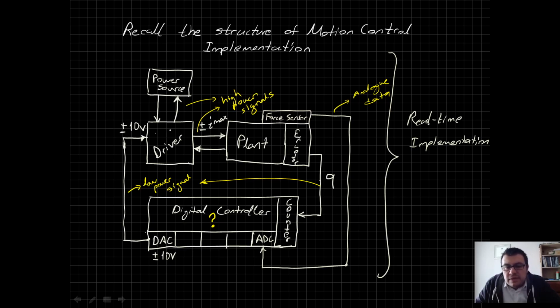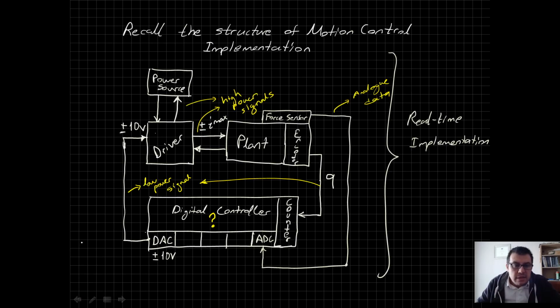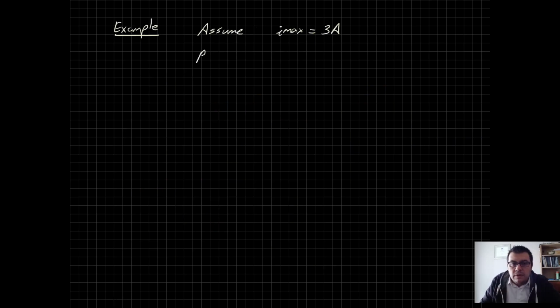So, for example, let's assume that Imax is 3 amperes, and you give to your system as reference here from the DAC channel, let's say, 6 volts. Reference is adjusted as 6 volts.